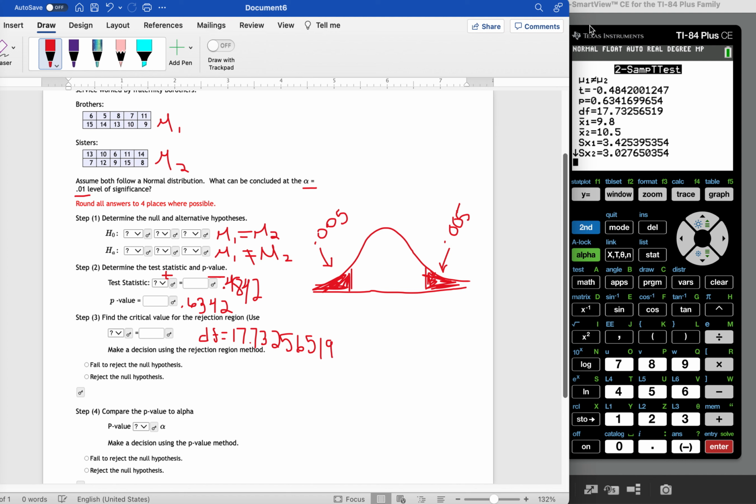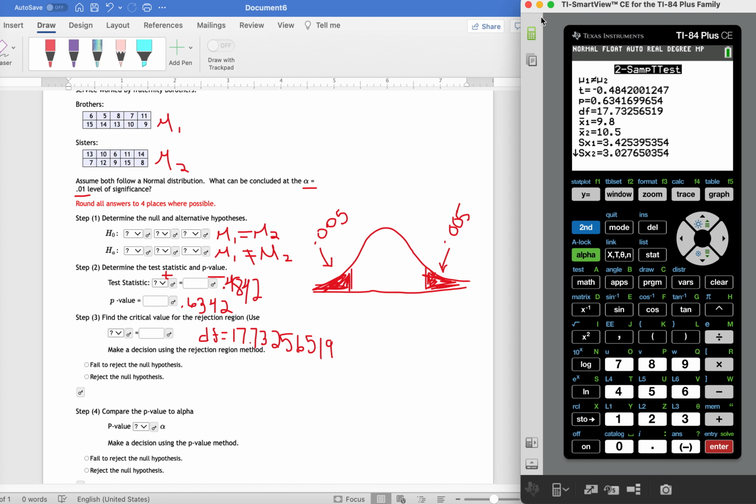Okay, so let's do our critical value. We're going to hit second and vars, and we're going to use inverse t because we're using the t distribution. I'm going to put in that the area is 0.005, and my degrees of freedom is 17.73256519.